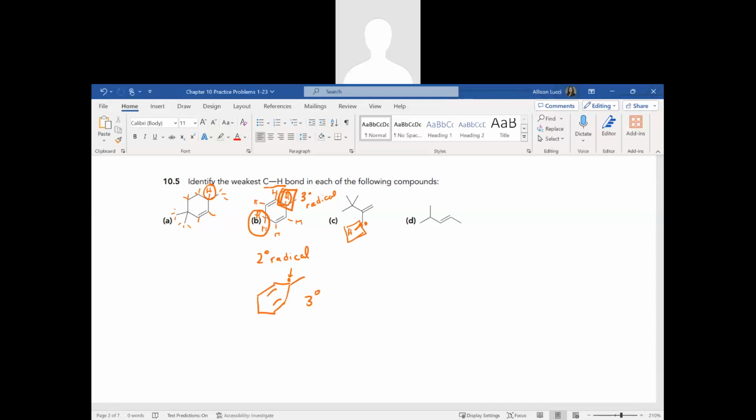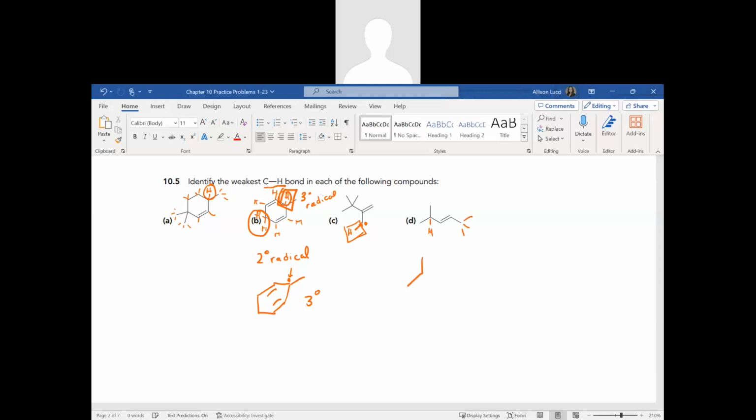Then last but not least, let's look at the possible radicals that could result in compound D. We have three hydrogens over here that could result in an allylic radical that could be resonance stabilized, or we could remove a proton from here, and that would be an allylic radical as well.